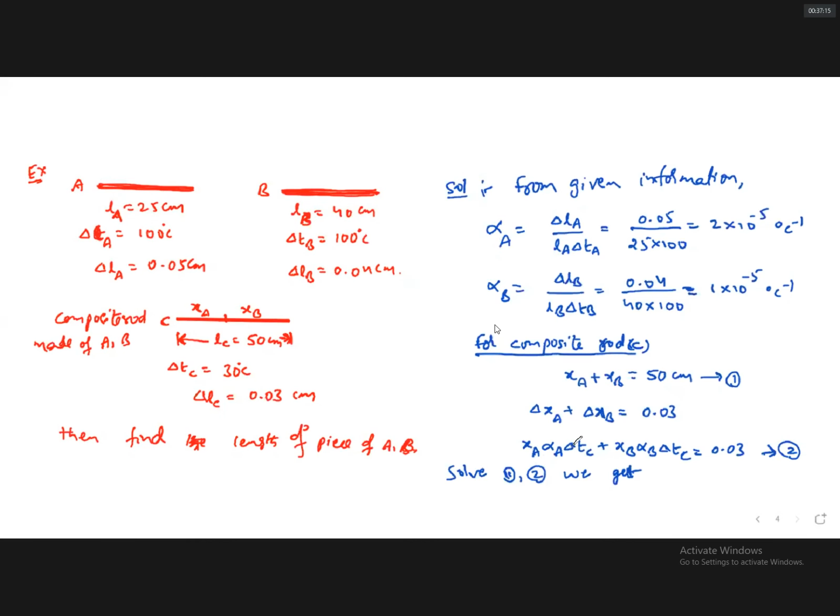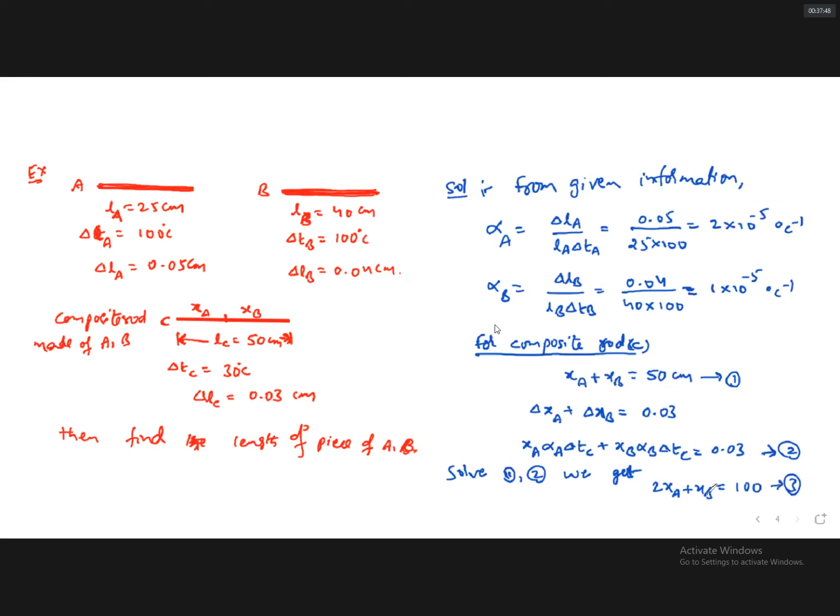Delta theta C is given as 30. 0.03 by 30 means here we get 10 power minus 3. With 10 power minus 3 and alpha A, alpha B of 10 power minus 5, here we get 100, 2XA plus XB equals 100 now.